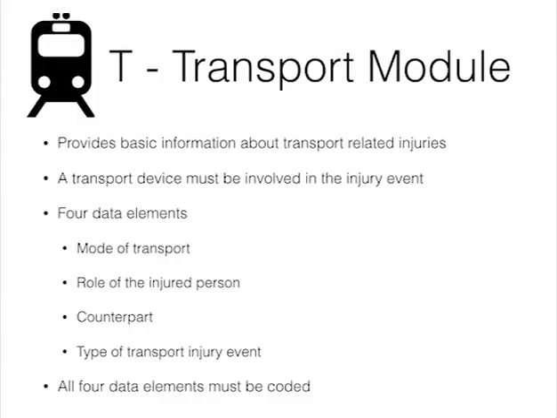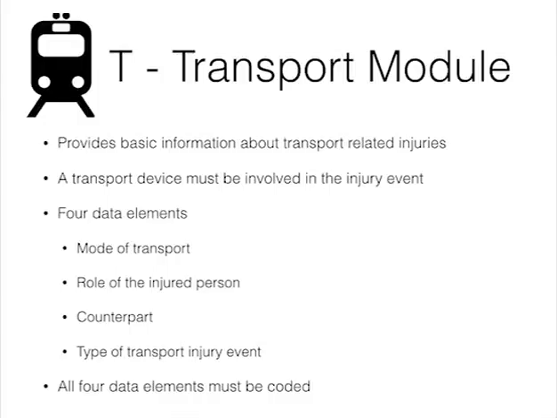Mode of transport is defined as the means by which the injured person was traveling from one place to another, or if not traveling, what he or she was doing at the time of injury in the context of a transport event. Role of the injured person is defined as how the injured person was involved with the specified mode of transport at the time of the injury event, such as bystander, driver, or passenger.